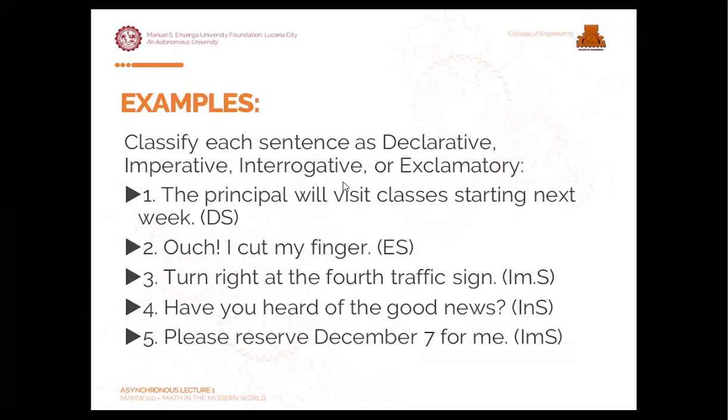There is no question, no expression of feeling, and it is not giving a command. Basically, we are just given information, so it is an example of a declarative sentence. And number two: ouch, I cut my finger. There is a strong feeling in saying ouch, meaning it is an exclamatory sentence.